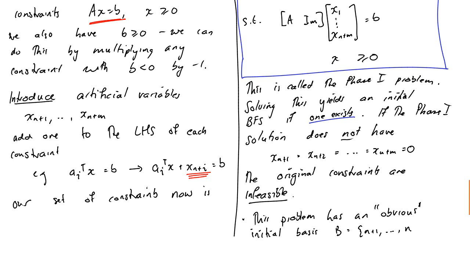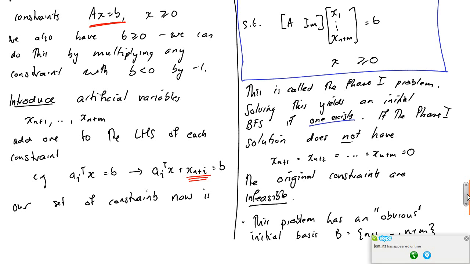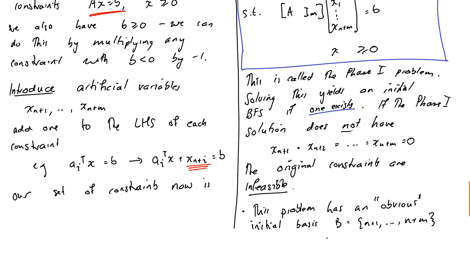Okay, so if we choose that basis, then x_B is equal to I_m inverse times b, which equals b, and which is greater than or equal to 0.